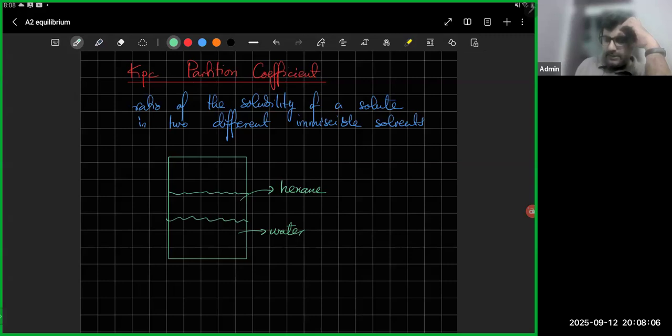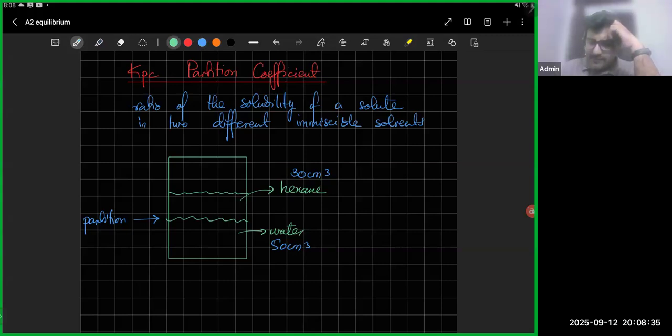The boundary is known as partition. So oil and water or hexane and water will have two layers. Let's say this is 50 cm cube of water and you've got 30 cm cube of hexane. The volume could be any volume. So they're forming two layers and there's a partition between.